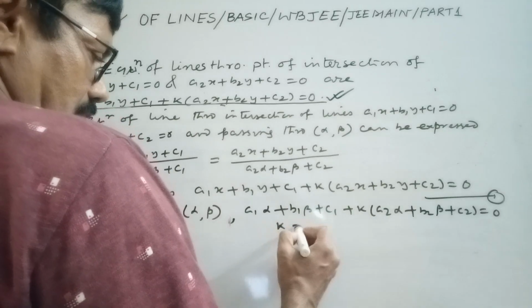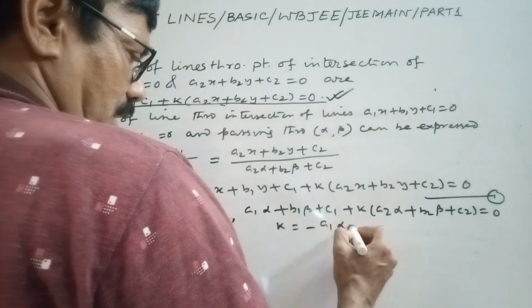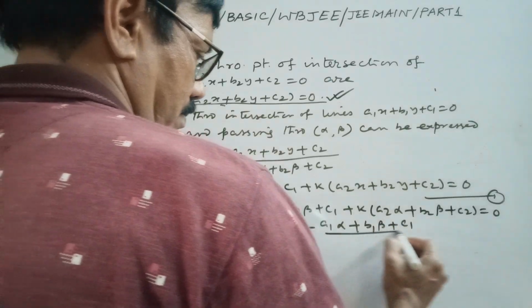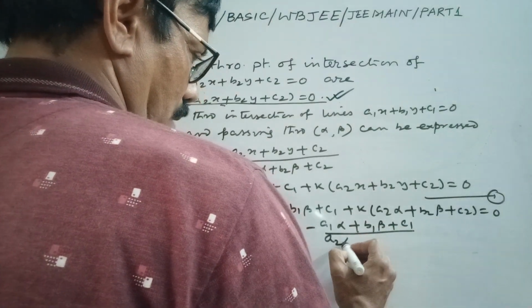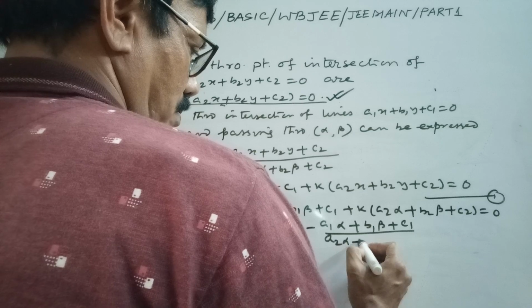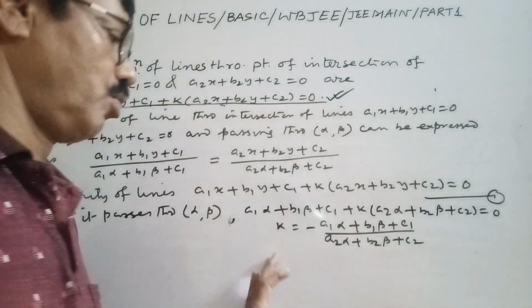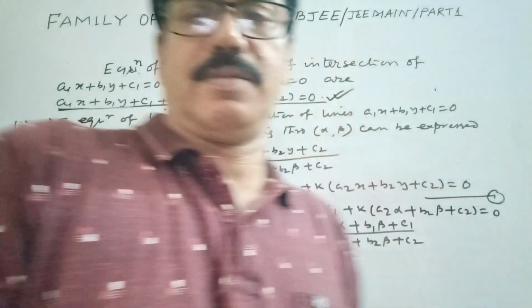So what is k? k equals minus (a1 alpha plus b1 beta plus c1) by (a2 alpha plus b2 beta plus c2). So we are getting the value of k.